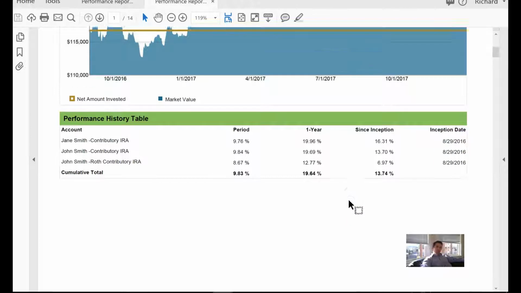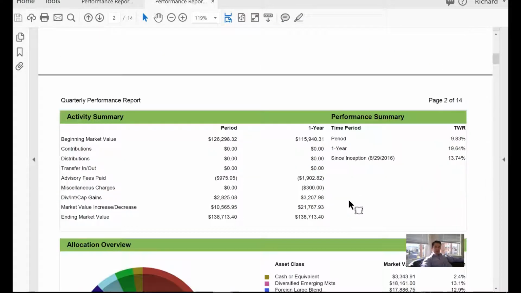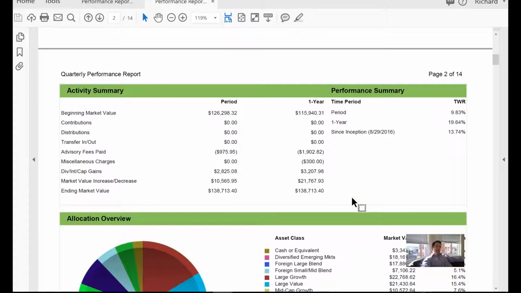All right. So like I said, getting further into the details. Next up, there's the activity summary. And this is just a breakdown of what you started with, right? Everything that's come in and out of your accounts. I'm also very clear and upfront about what you're paying me. Those are these advisory fees. Miscellaneous charges.